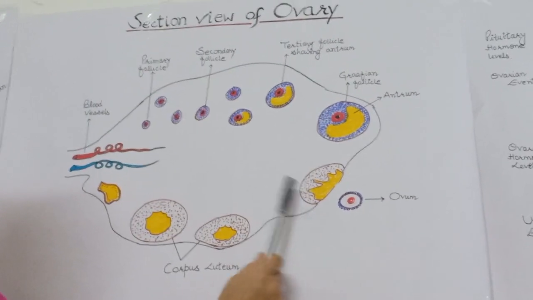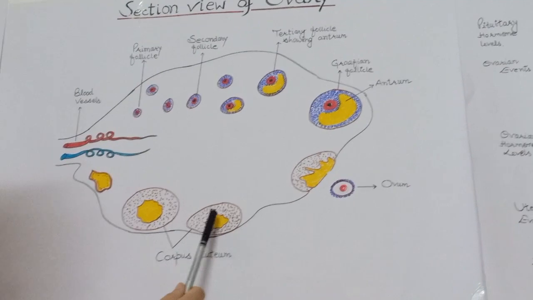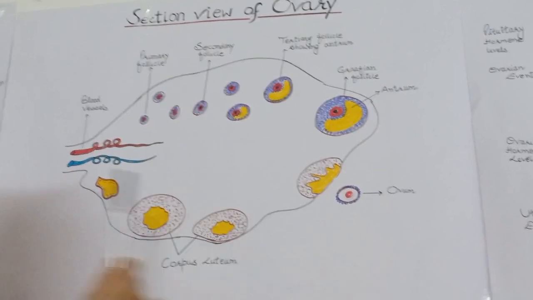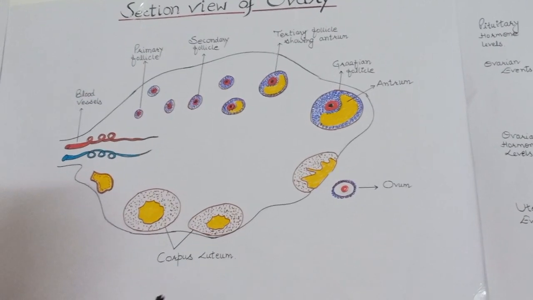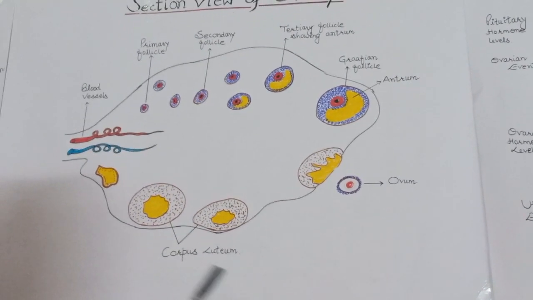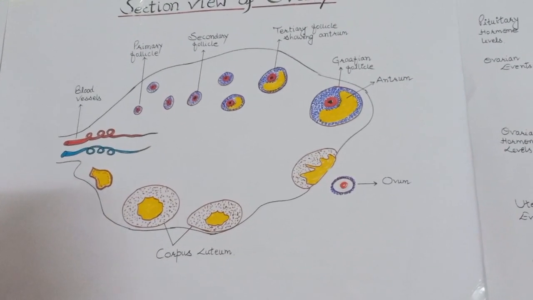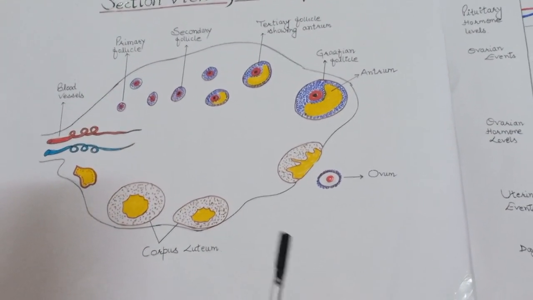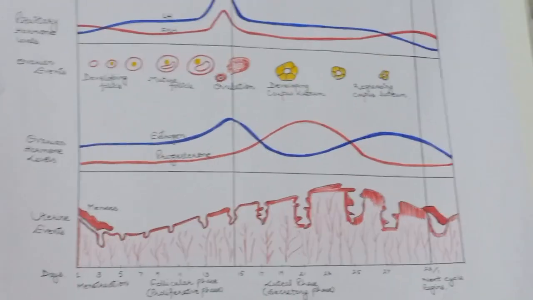This corpus luteum goes on secreting the ovarian hormone progesterone, and this progesterone maintains the endometrium of the uterine wall intact.